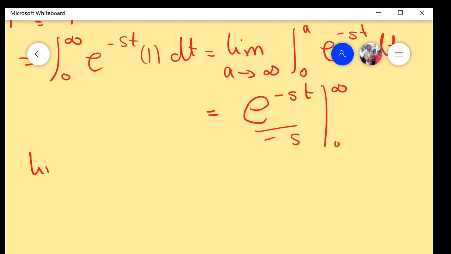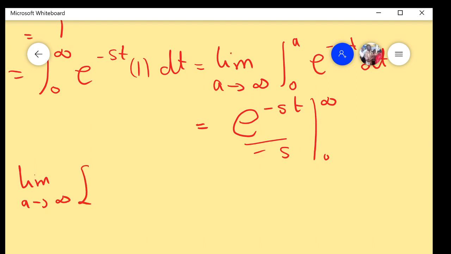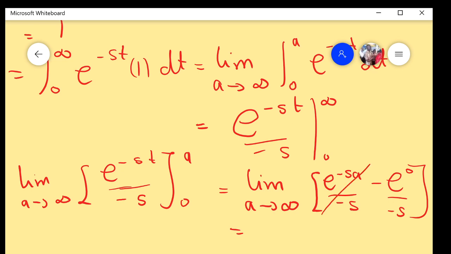If I take the limit as a approaches infinity of e to the minus sa over minus s, minus e to the power 0 over minus s, then you realize that if I take the limit of the first term as a approaches infinity, it is going to go to 0.